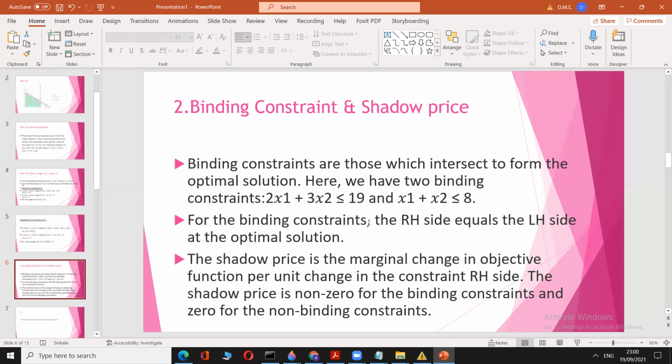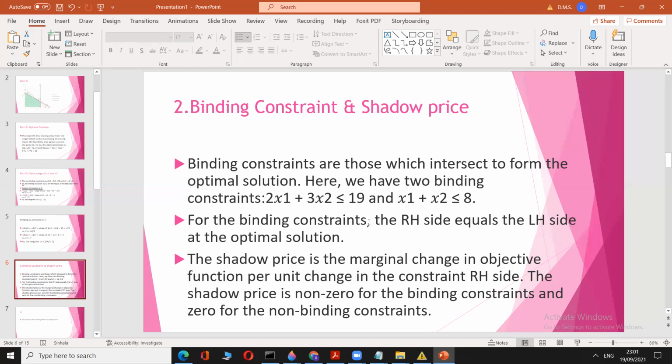Then what do you mean by the shadow price? We know that for the shadow price we are increasing the right hand side by 1 unit. It does not always have to be 1 unit, but normally we increase it by 1.